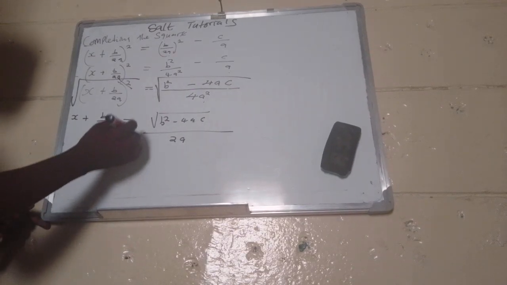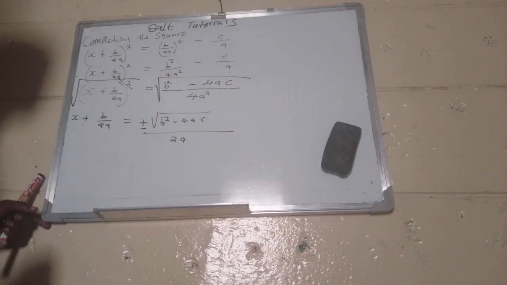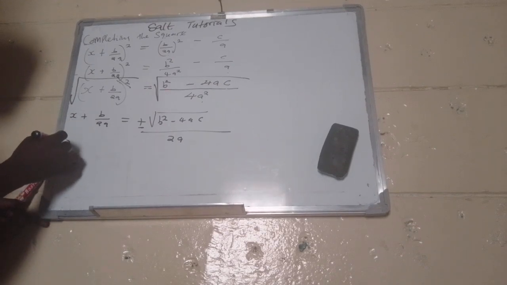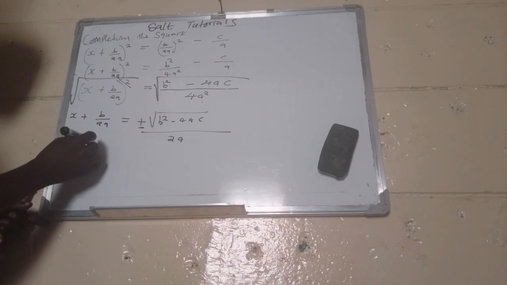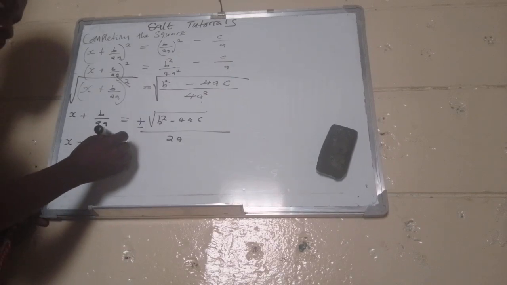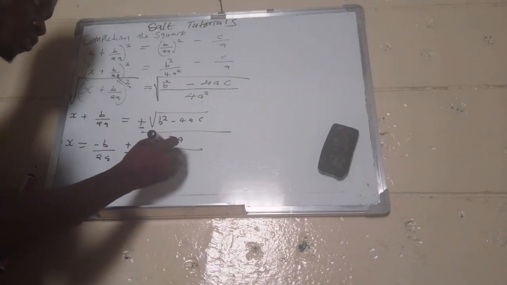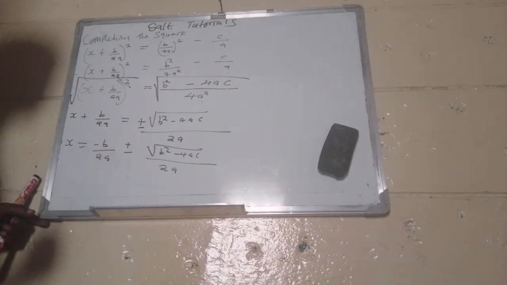Now, when you square root something, the outcome should be positive or negative of that. So that we can find the value of x, x will be equal to, when this crosses, negative b over 2a, plus or minus the square root of b squared minus 4ac over 2a.